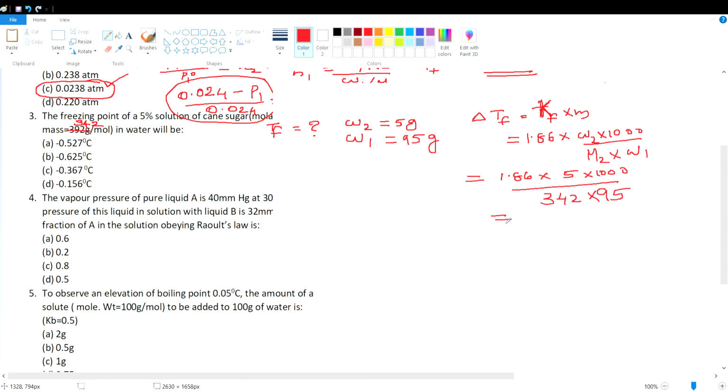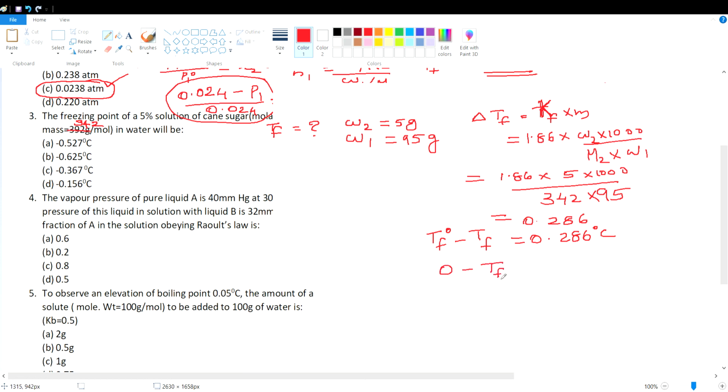Substituting these, we get the answer 0.286. Delta TF is equal to 0.286. We know delta TF is equal to TF0 minus TF, which is 0.286 degree Celsius. TF0 we know is 0 degree Celsius.